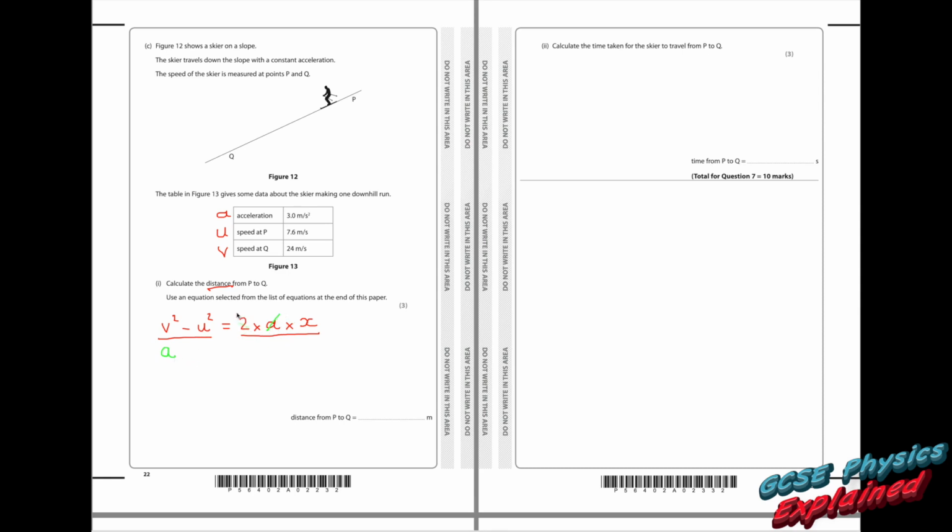And when the 2 comes across to the other side, it's also got to cross the line, so it's also got to go down the bottom. Okay, so we end up with x equals v squared minus u squared over 2a. Pop the numbers in. And that equals 86.37.